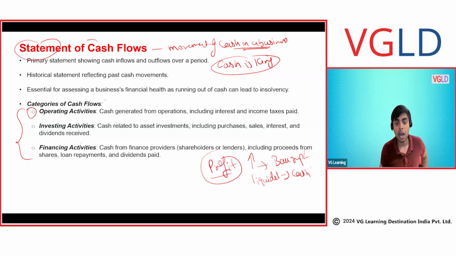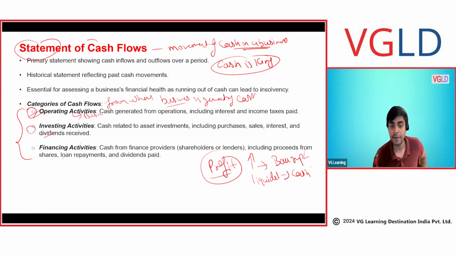It shows from where the business is generating cash, whether from their operating activity, business, whether from investing activity, or whether from financing activity. Anything you have borrowed, a loan, will be coming here.